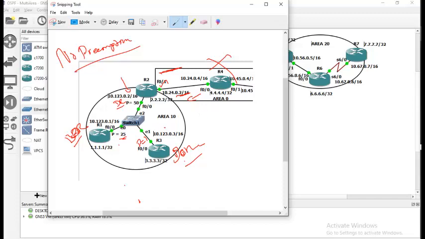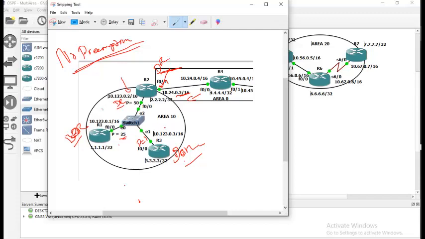R2 says, I declare myself as BDR first, and after some time, it promoted itself to DR. I told you, the DR-BDR election is non-preemptive. Once the DR is elected, whoever comes, whatever the priority may be, that doesn't matter.